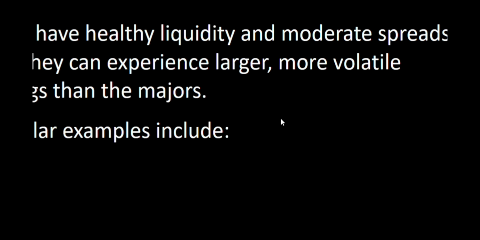You understand? So this is trying to tell us that these currencies experience larger volatile swings. Remember the majors have healthy, technical, and smooth movement. But when it comes to minor currencies, the reverse is the case.